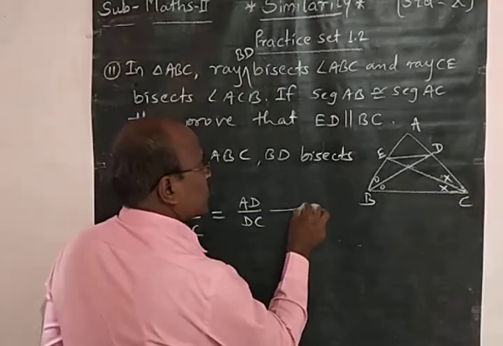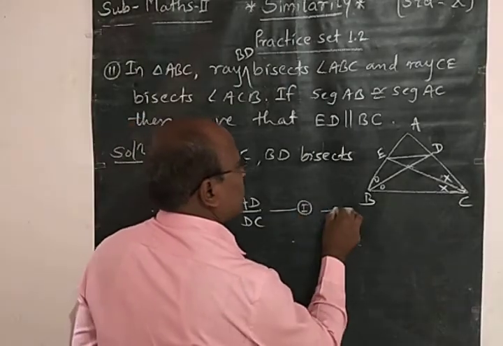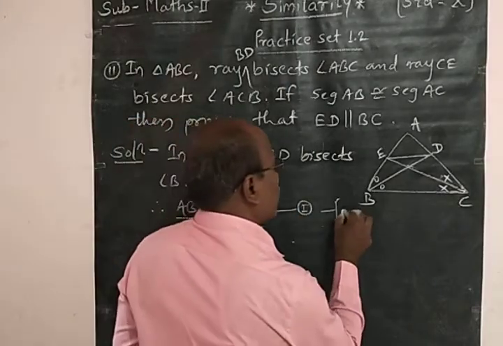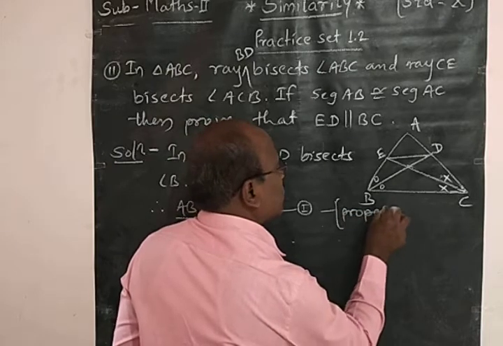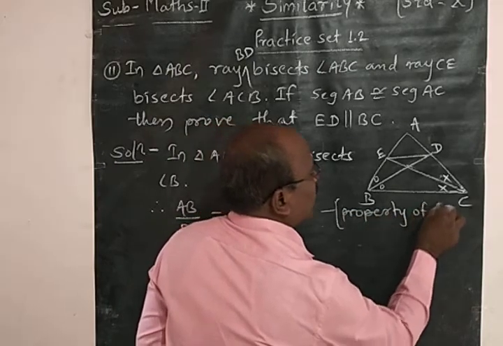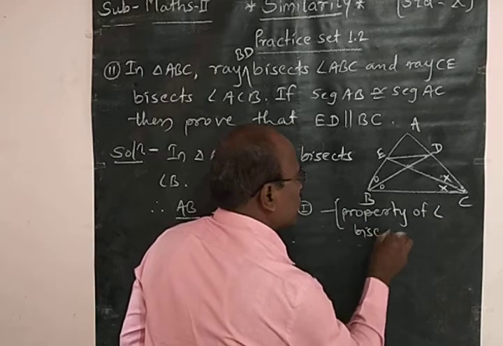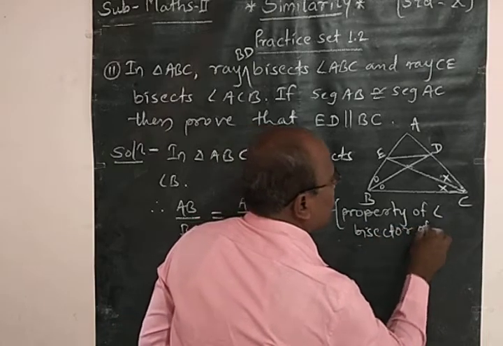Say this as statement 1 and write the reason: property of angle bisector of a triangle.